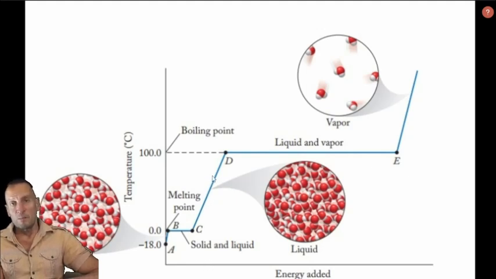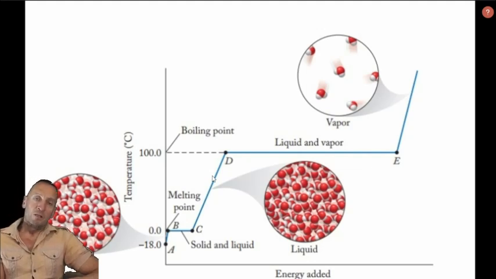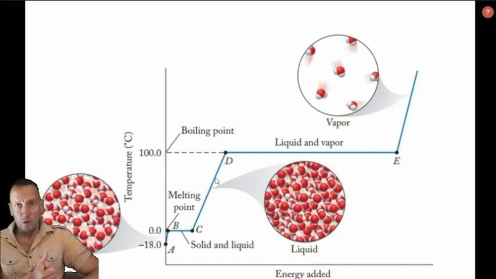We need to add approximately 4,100 joules to increase the temperature of 1 kilogram of water by 1 degree. So if we add 2,000 joules, it's not going to rise. We need 4,000, then it rises. So we need a lot of energy to move.